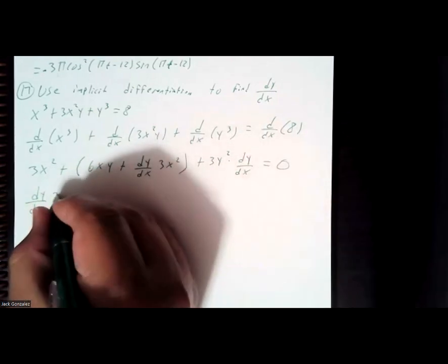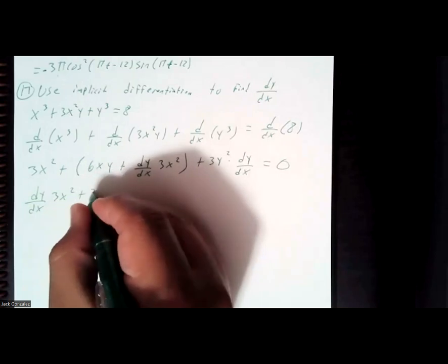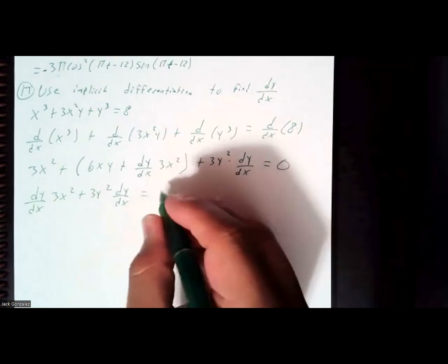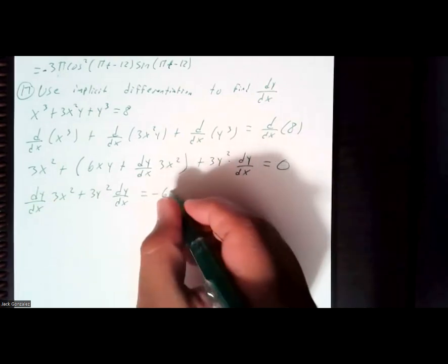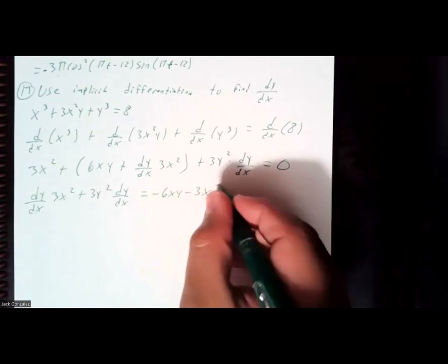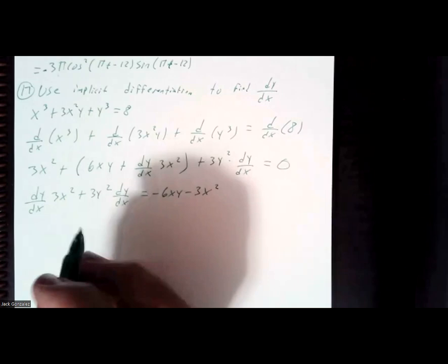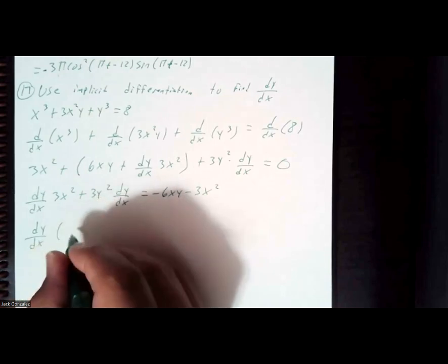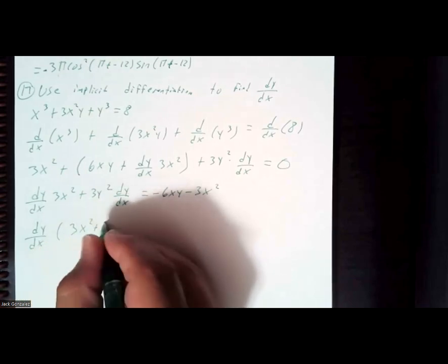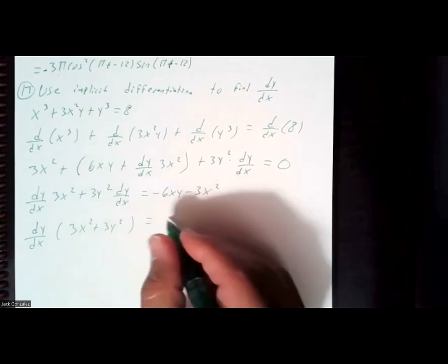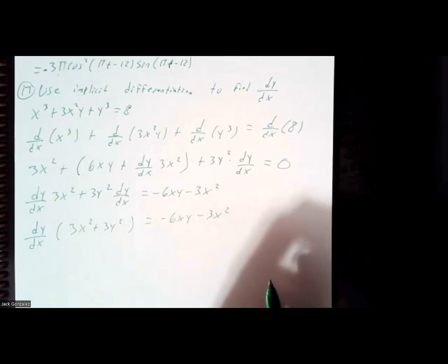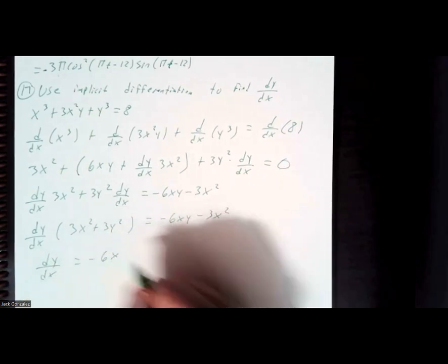Everything that does have a dy dx will stay right here. Factor dy dx. And divide. And you'll have this garbage.